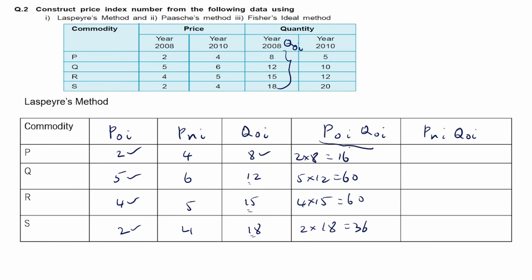So this is P naught I Q naught I. Now let us find PnI into Q naught I. So it is 4 into 8, 32 for commodity P. Then for commodity Q it is 6 into 12, 72. Then for commodity R it is 5 into 15, 75. Then for commodity S it is 4 into 18, 72.